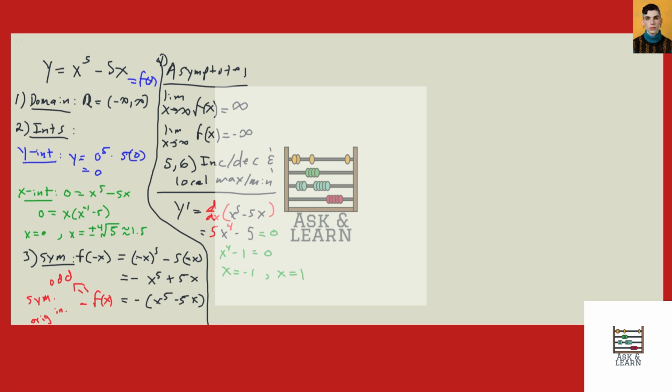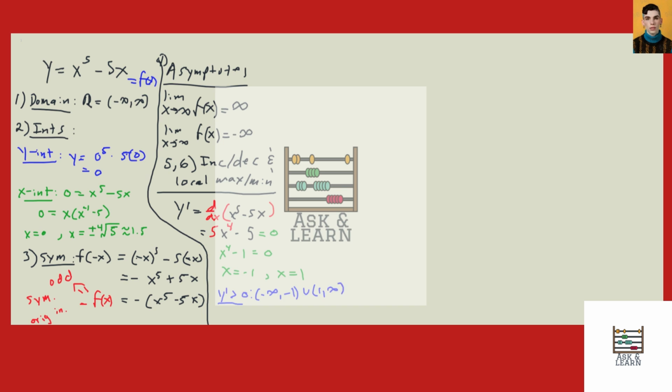Now, what we want to do is figure out where it is increasing or decreasing. So y prime is going to be larger than 0. So just for brevity of the problem, I went ahead and already solved this. So this inequality will hold on negative infinity to negative 1, and 1 to infinity.